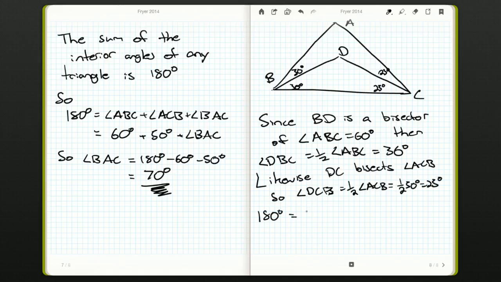So we know 180 degrees is the sum of DBC, BDC, that's the one we want, and DCB.